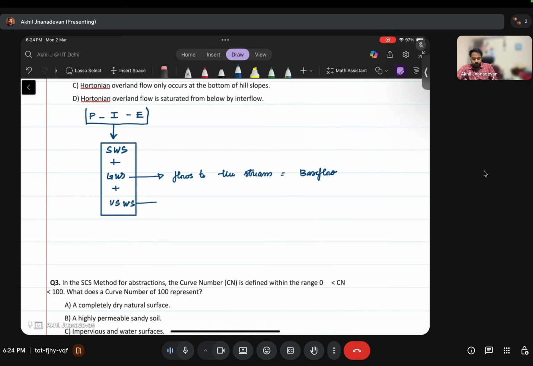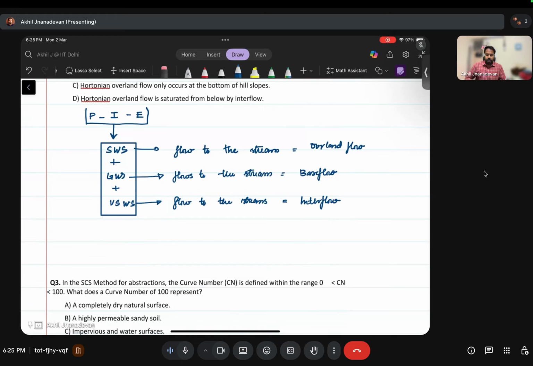There is a flow from groundwater to the streams, that is called base flow. In the unsaturated zone also, there is a flow happening along the surface to the streams, that is called interflow, the flow in the unsaturated zone. And then we have flow from the surface to the streams, that is called overland flow.